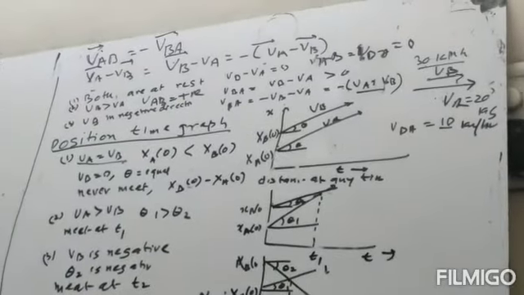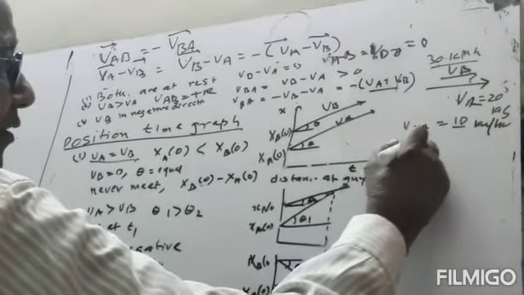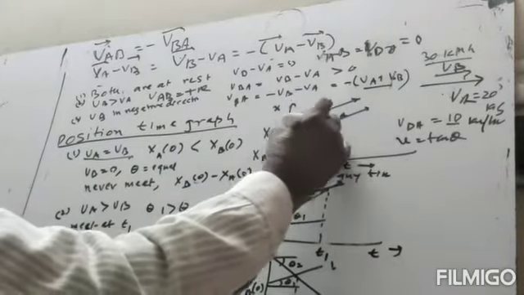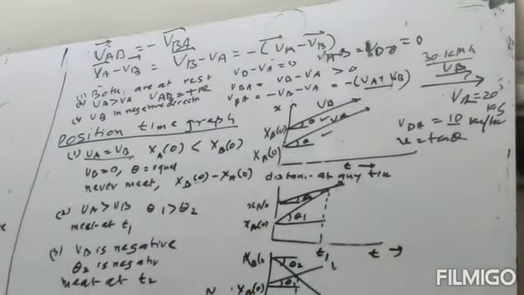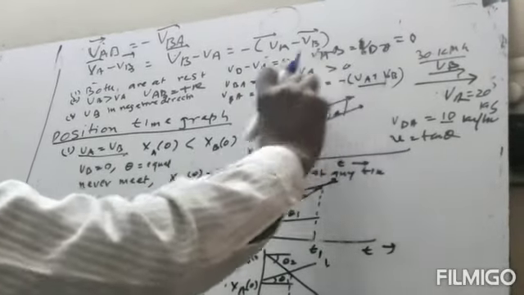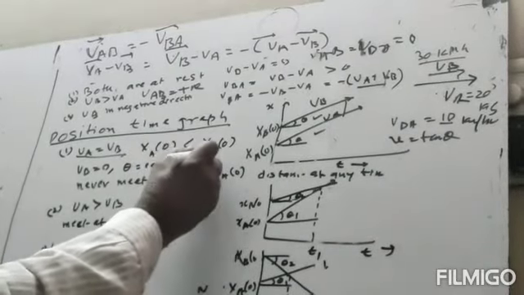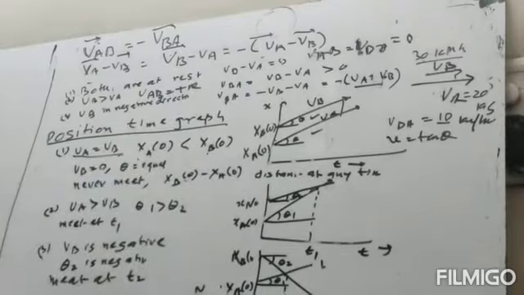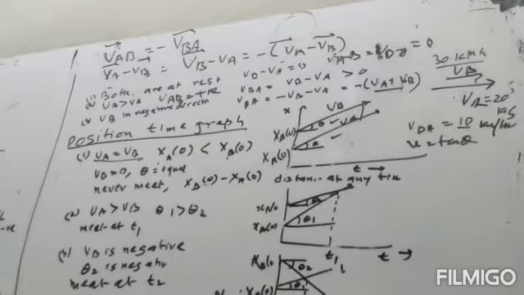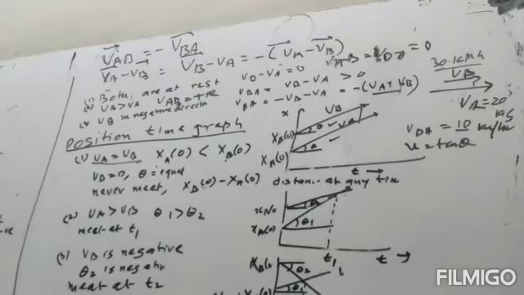But their velocity is same. Velocity will be equal to tan theta. So the velocity same means theta is same. So the distance between these two at any interval will be equal to xB0 minus xA0. So they will never meet. They will always move in the forward direction. They will not meet at any time.